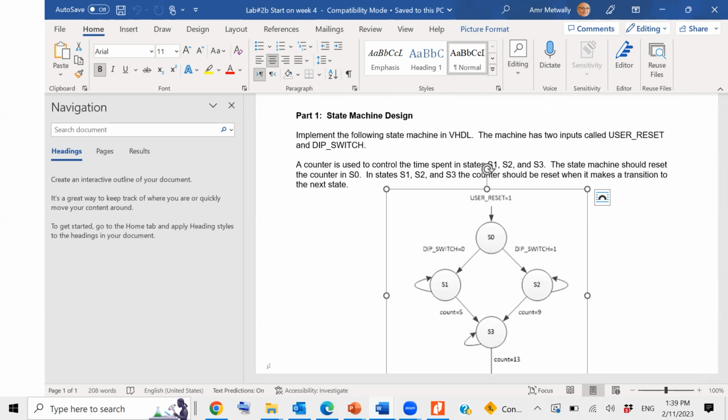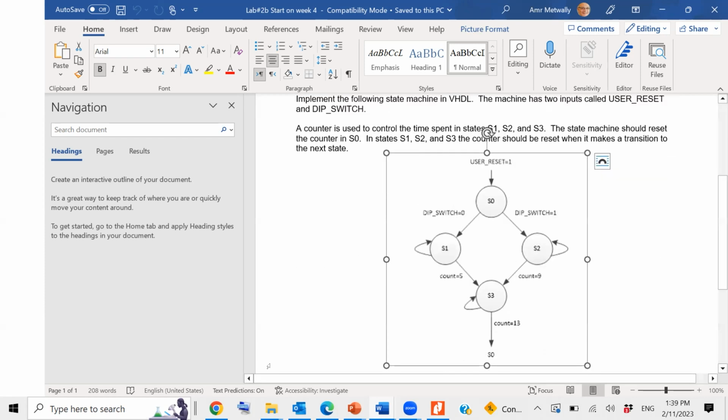If I am at S2 or S1 or S3, there is a counter. Whenever it goes to one of those states, it starts counting.